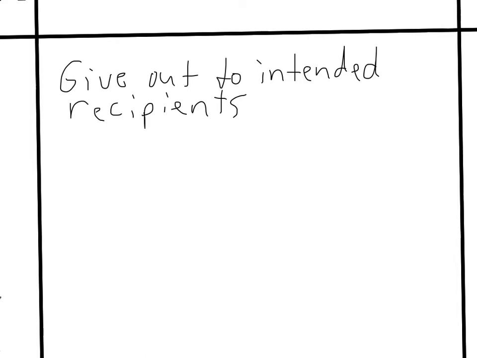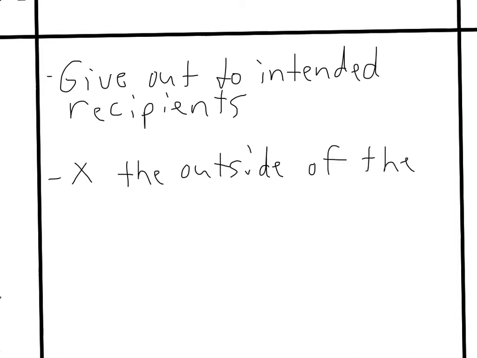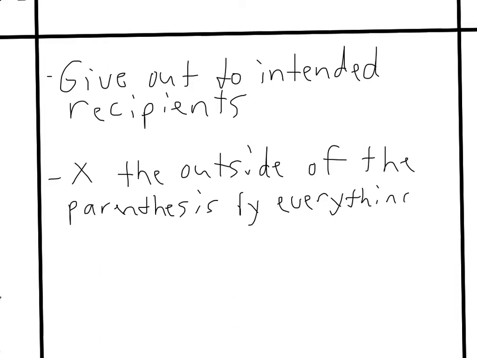What it means to you is that you're going to multiply the outside of the parentheses by everything on the inside.